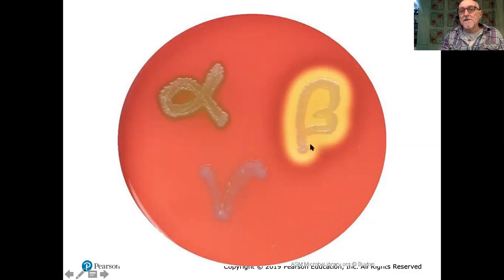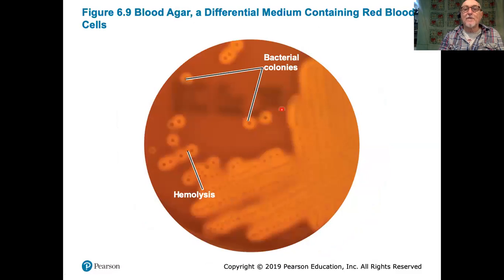Beta hemolysis completely clears the blood agar, because the bacteria growing here are able to release enzymes which lyse the red blood corpuscles and then completely break down the hemoglobin. And it ends up, you just get the native color of the medium with no blood coloration at all. So that's beta hemolysis. So therefore this here would be beta hemolysis.